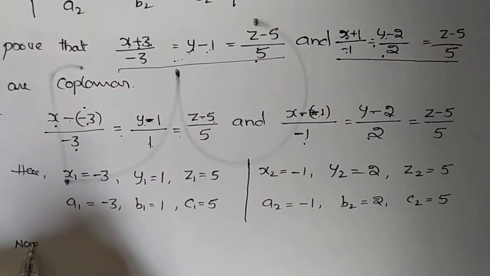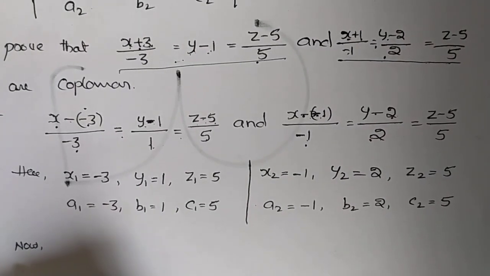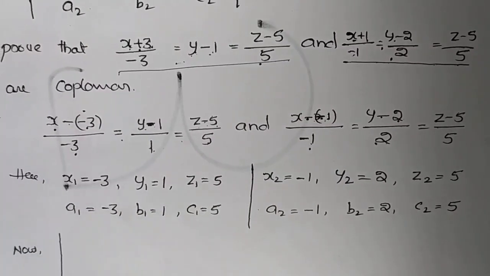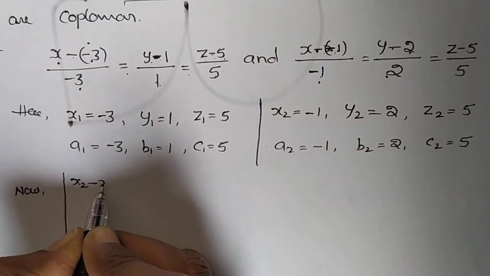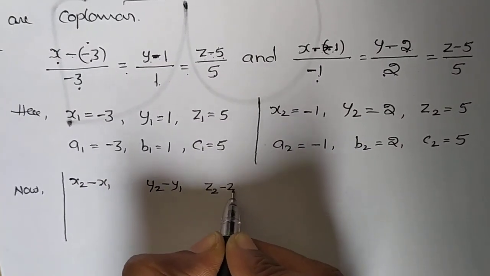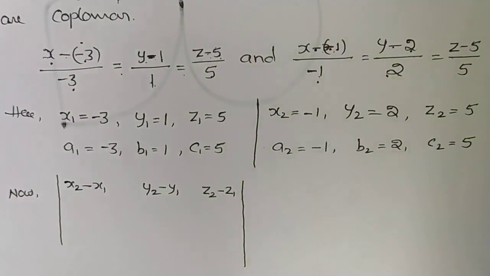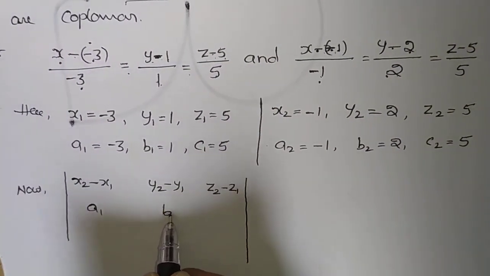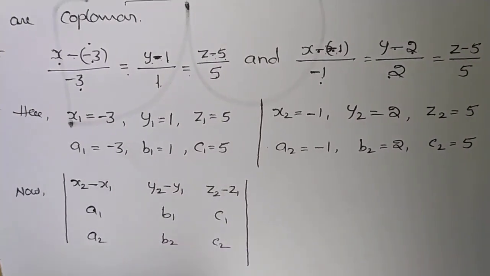Now recall the condition for the coplanarity of two lines in Cartesian form. It is the determinant of x2 minus x1, y2 minus y1, z2 minus z1, next a1, b1, c1, and a2, b2, c2.